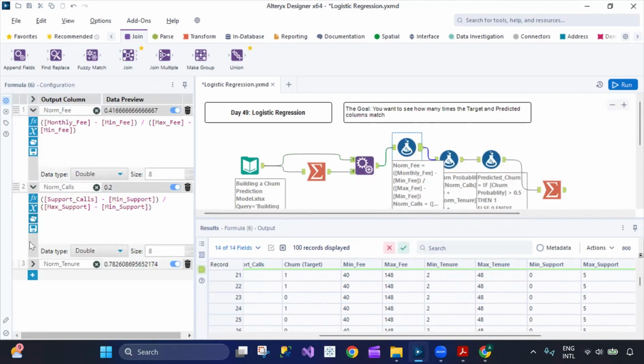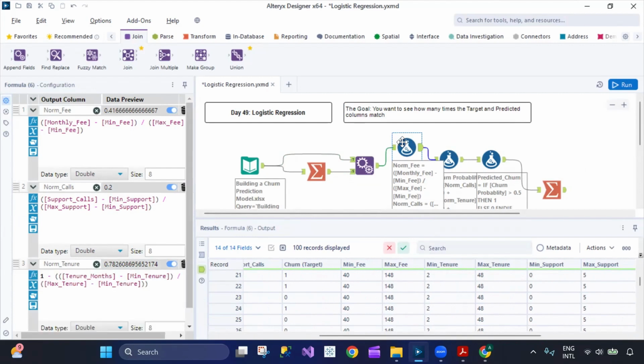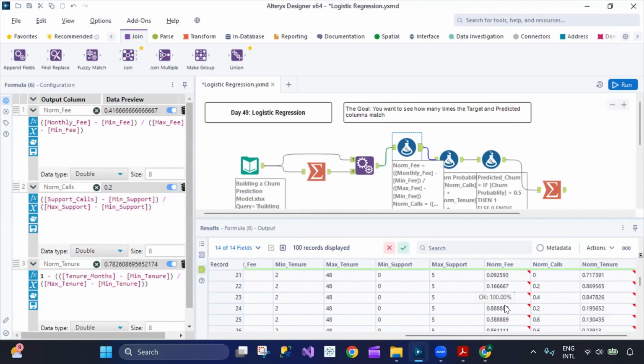Now here I am doing some calculations. We are trying to understand the nominal fee: monthly fee minus minimum fee, divided by maximum minus minimum fee. Then normal calls and normal tenure. So what will be the nominal fee, normal calls or normal tenure of a customer.